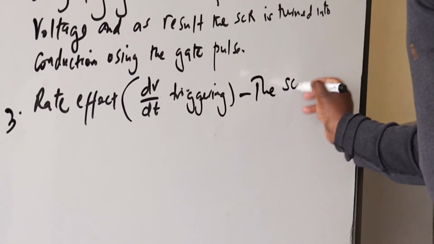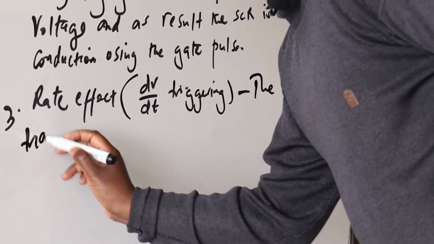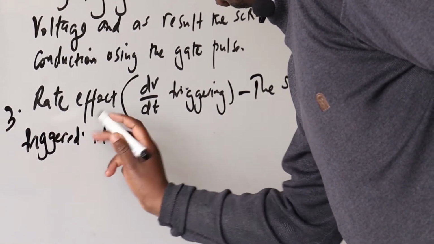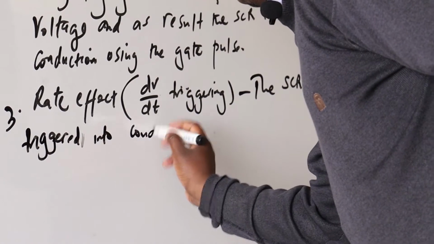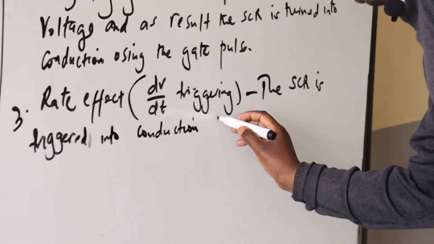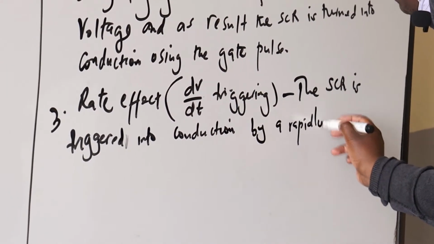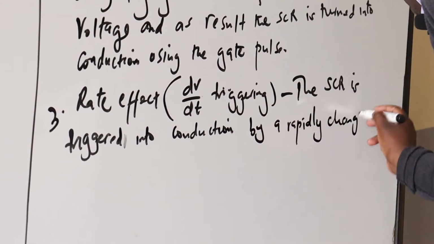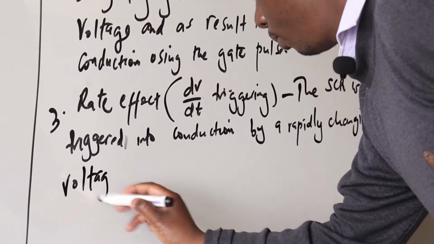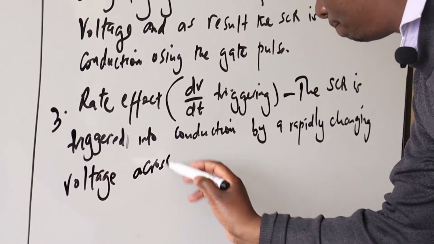So the SCR is triggered into conduction by a rapidly changing voltage across its terminals.